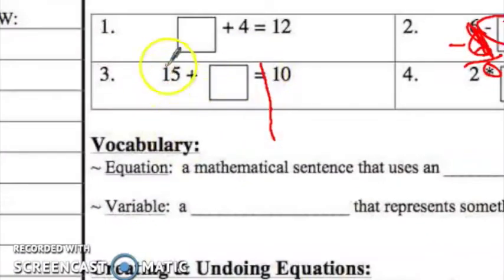To move the 15, it's a positive 15, not because of that plus, but because there's nothing in front of the 15. So I have to do the opposite of 15, which is subtract 15 from both sides. 15 minus 15 is 0, so that goes away. I want to get the numbers over here. So I need 10 minus 15.